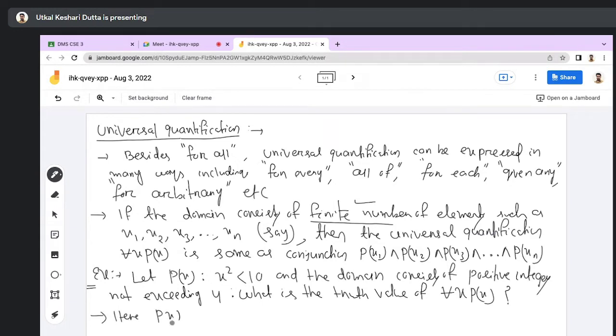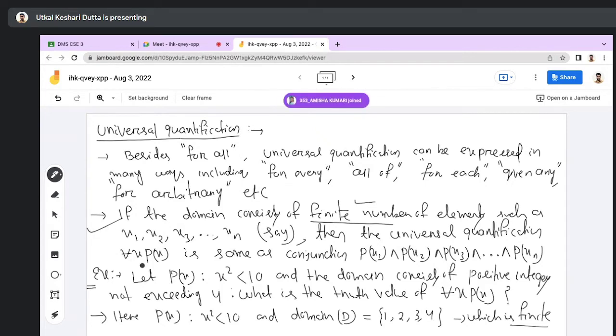That means here the given predicate is x square less than 10, and the given domain D. What is the domain? The domain consists of 1, 2, 3, 4. Yeah, positive integers not exceeding 4, that means up to 4. That means 1, 2, 3, and 4, the set containing elements 1, 2, 3, 4, which is finite. As it is finite, we can use this formula.